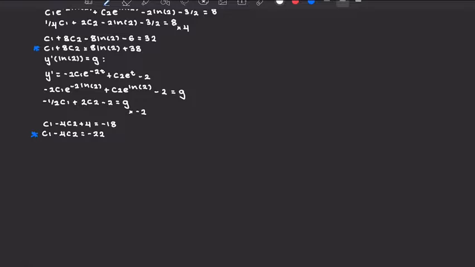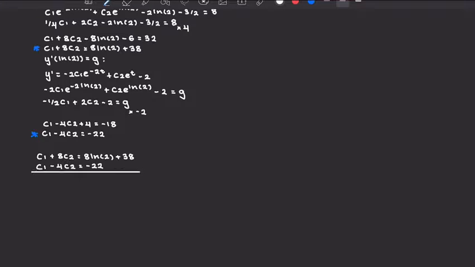So let's write down our first expression right here. C1 plus 8 C2 equals 8 ln 2 plus 38. And then the second expression is C1 minus 4 C2 equals negative 22.